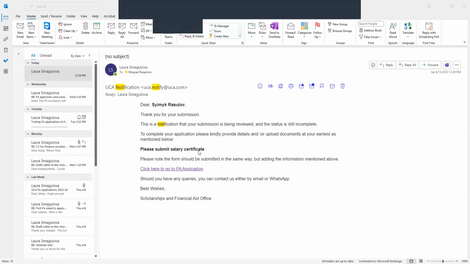So in this case, you need to check and have a look at what kind of salary certificate is needed. Maybe you didn't upload it, maybe you have it, but you forgot to upload it, and so on and so forth.